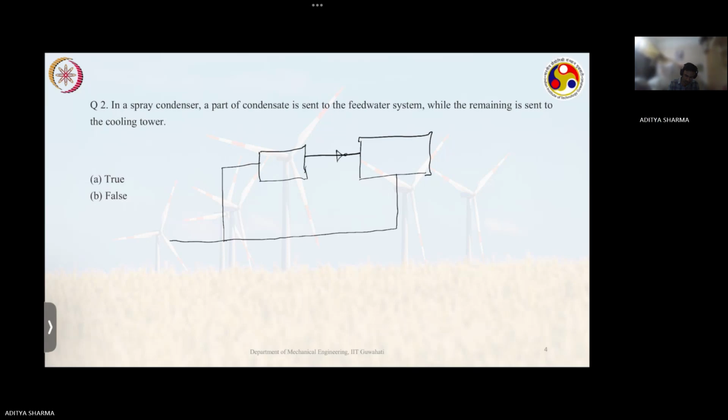From here you get turbine exhaust, or which you call as steam, right? From here you get cooling water. Somewhere here you will have your cooling tower. Then here what you will get is your condensate, right?